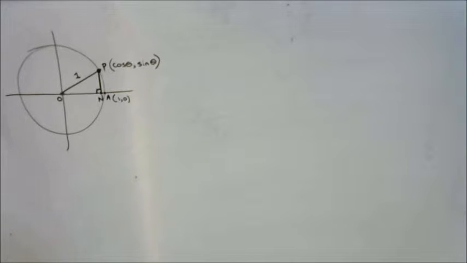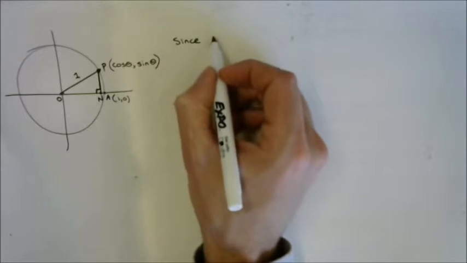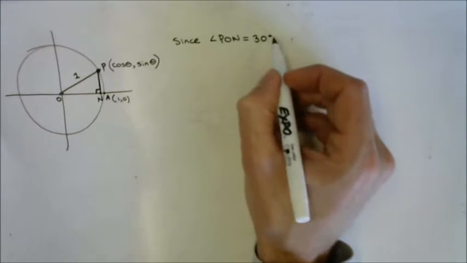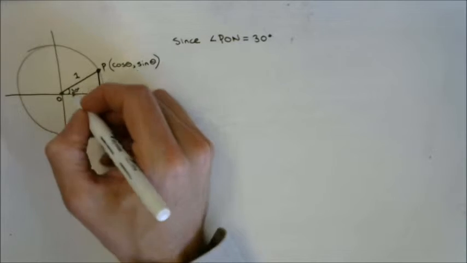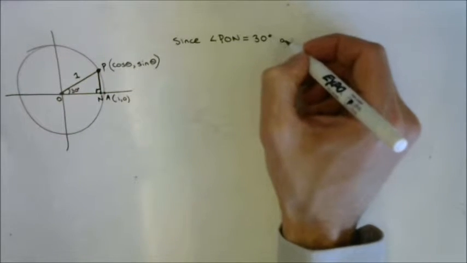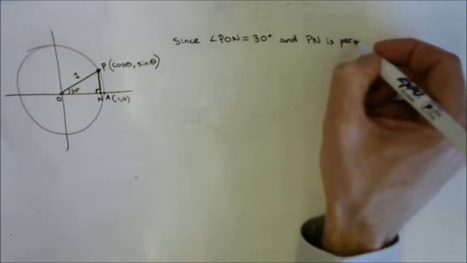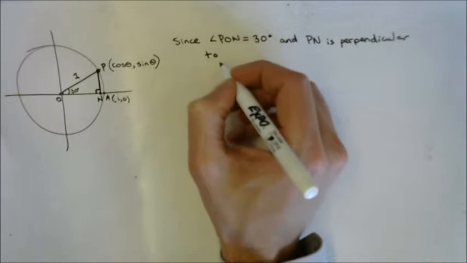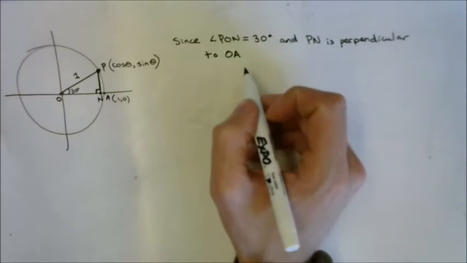So this diagram shows a unit circle, the angle 30 in standard position. It's going to be very much like the last notes that we took. Since angle PON equals 30 degrees, add that to our diagram. And PN is perpendicular to OA, OA being the initial arm along the x-axis.